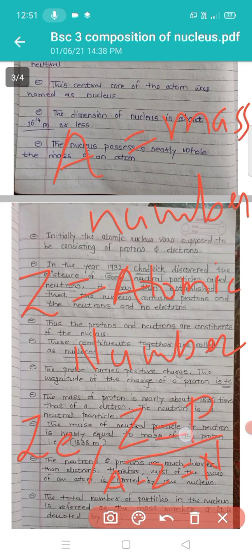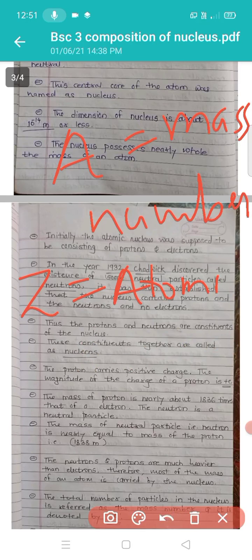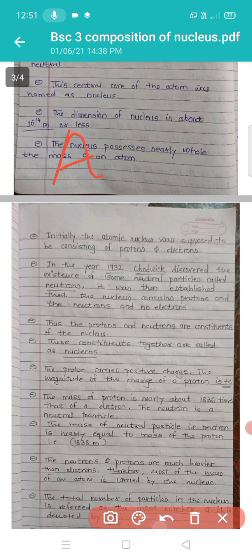If N is the total number of neutrons, then N is equal to A minus Z.